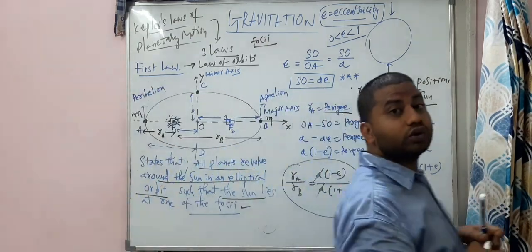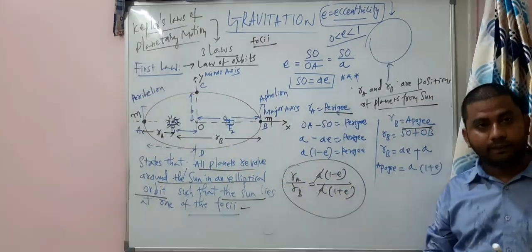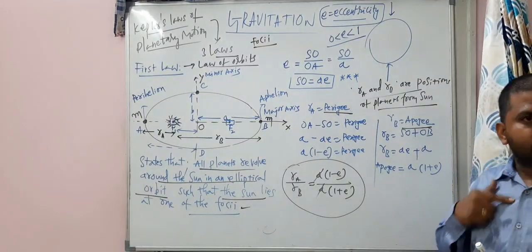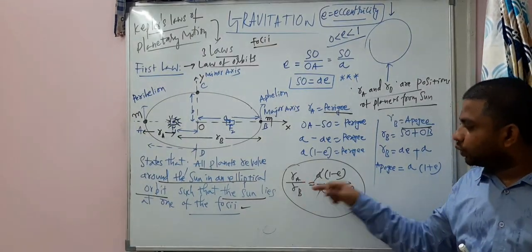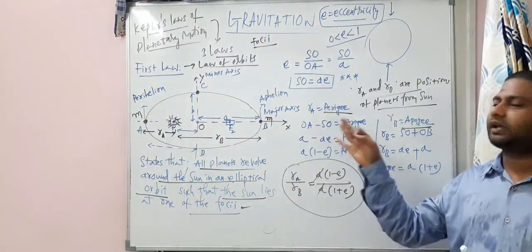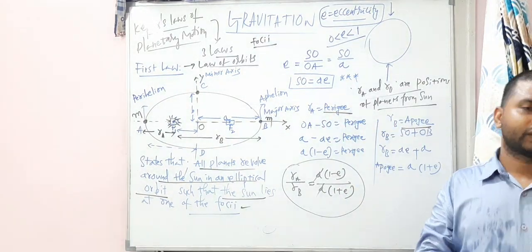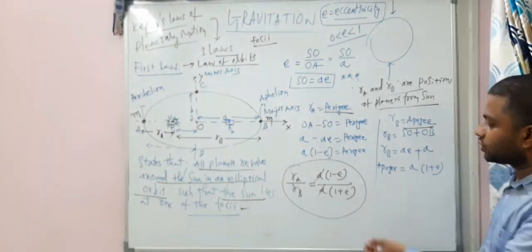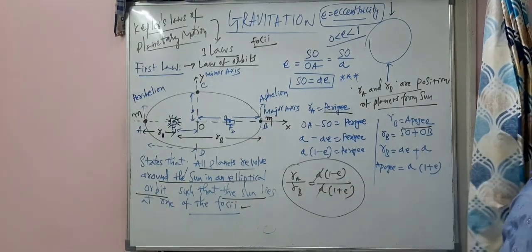Other questions also can be asked. They may give the E value as 1 by 2. You can find the eccentricity of this elliptical path. In one of the NEET exams, the direct relation with E was asked.